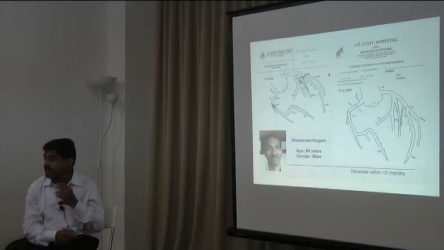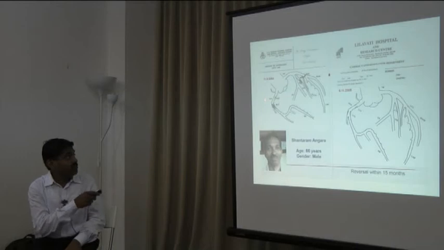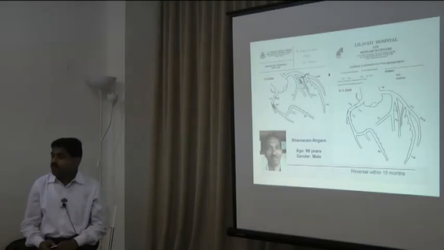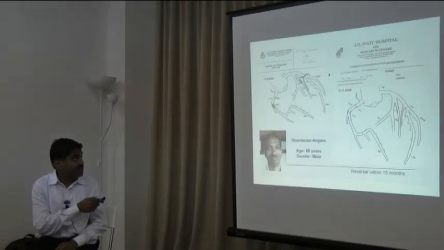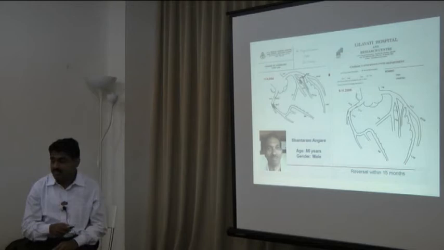When a person has blockages in the heart, this is how the report looks like. This man had 60%, 99% on one side. He had almost 100%. Again, this was a very complicated case. He was told to go for bypass for this, and he was also asked for angioplasty to put the stents.